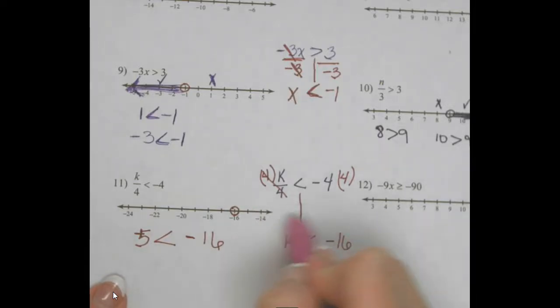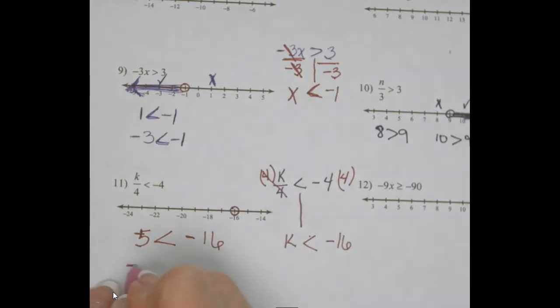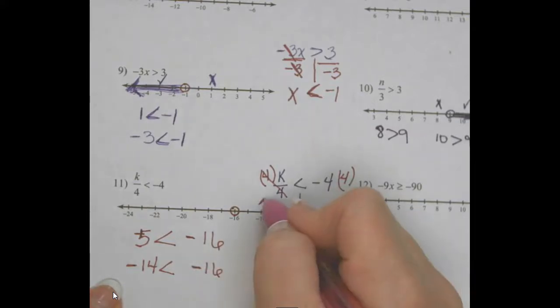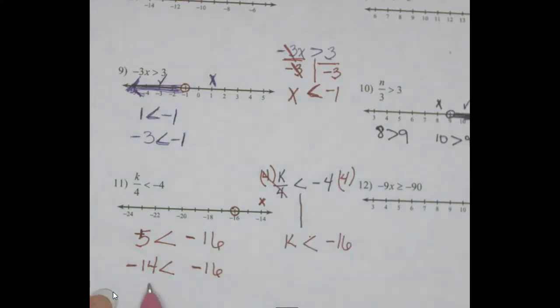So 5 would be on this side, so there should be x's on this side. So is negative 14 less than negative 16? No. Remember, we already said 5 is not less than negative 16, and 5 was on this side, so I know I'm going to have an x on this side.